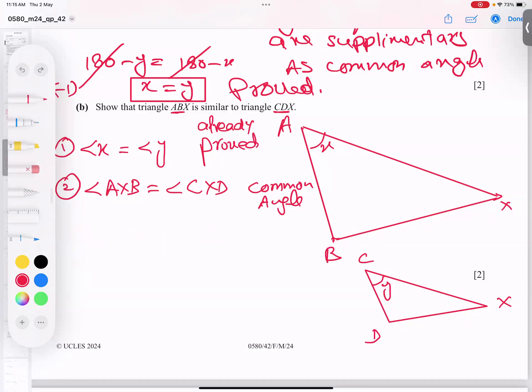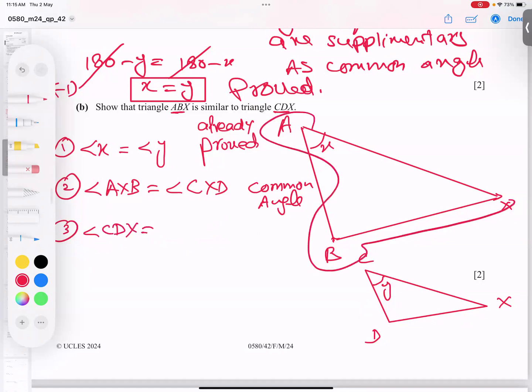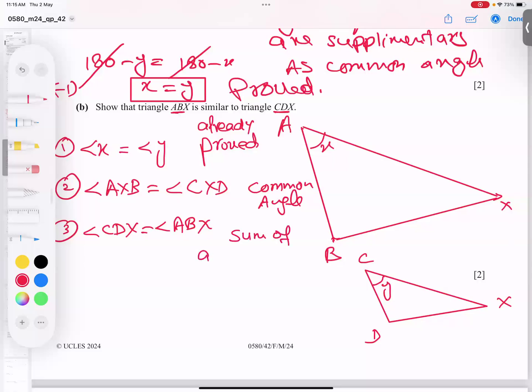This is D and B. So say angle third one, CDX is ABX. And what's the reason they're equal? Because the sum of the angles of a triangle is 180 degrees. It means if two angles are equal to each other, and if I subtract both from 180 here and 180 here, I will get the same answer. So I think it's clear.